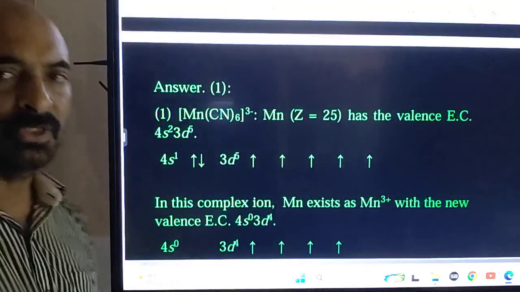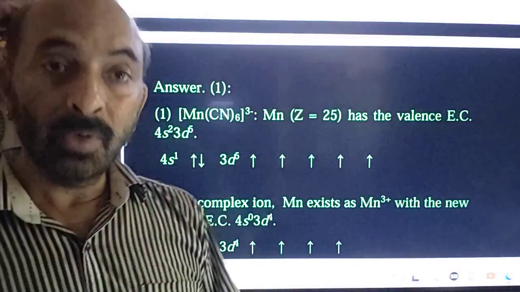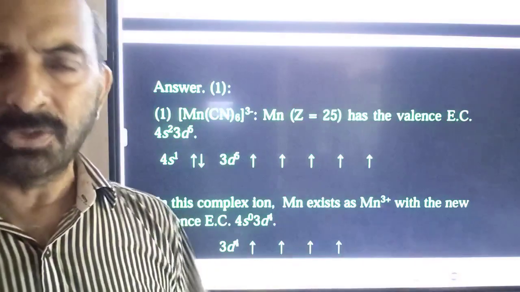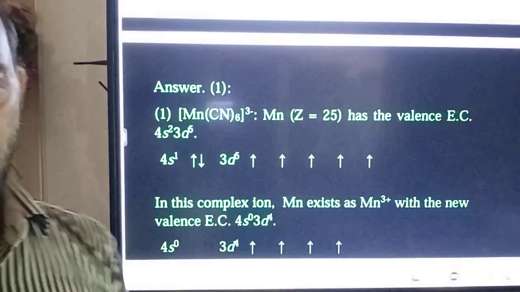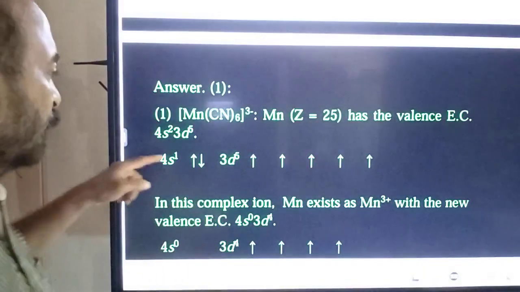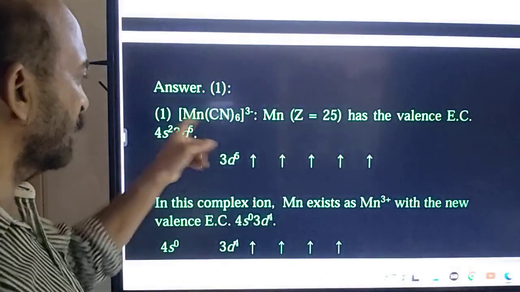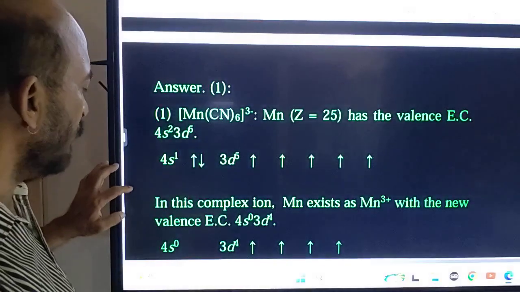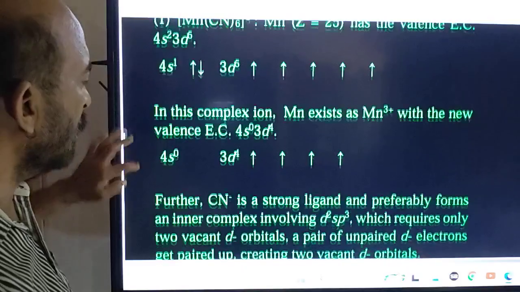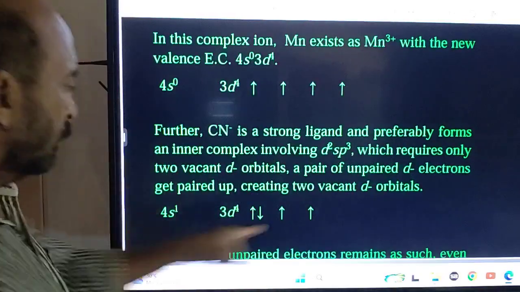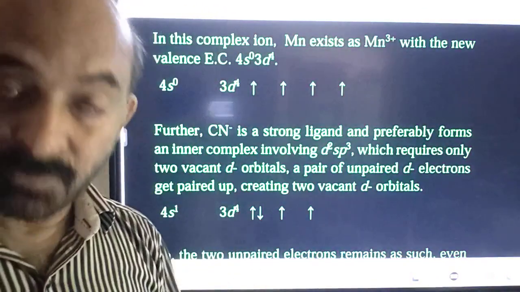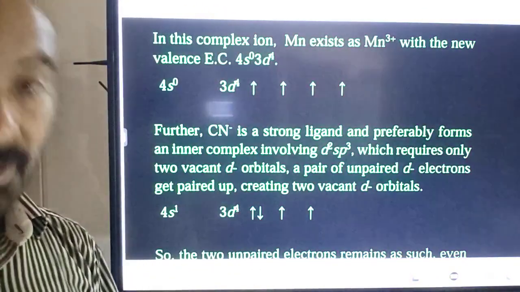So the answer is the very first one. Okay, 2 unpaired electrons, 1 unpaired electron, 0 unpaired electrons, 1 unpaired electron. This was the order in which we found the number of unpaired electrons in the respective cases. So here in this particular case of hexacyanomanganate(III), there are 2 unpaired electrons in the complex ion, making that the species with the highest magnetic moment.